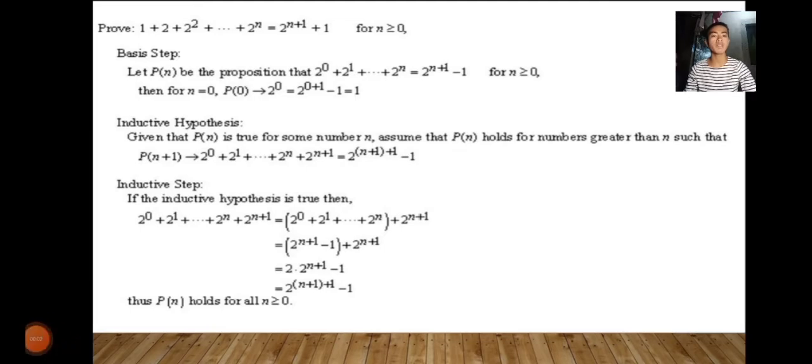In the inductive step, if the inductive hypothesis is true, then 2^0 + 2^1 + ... + 2^n + 2^(n+1) equals the quantity (2^0 + 2^1 + ... + 2^n) plus 2^(n+1), which equals the quantity (2^(n+1) - 1) plus 2^(n+1), then equals 2 · 2^(n+1) - 1, and equals 2^((n+1)+1) - 1.